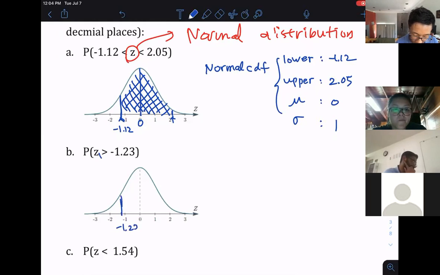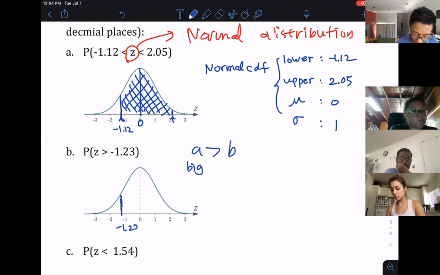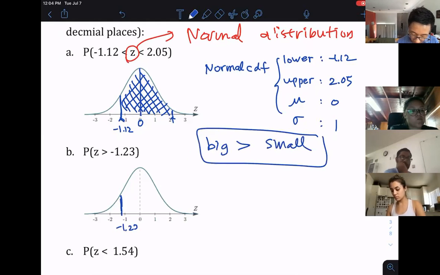The bigger side goes with the bigger number, and the small number goes with the small side. So if the z-score is bigger than this number, is it to the left or to the right? To the right. Okay, good.